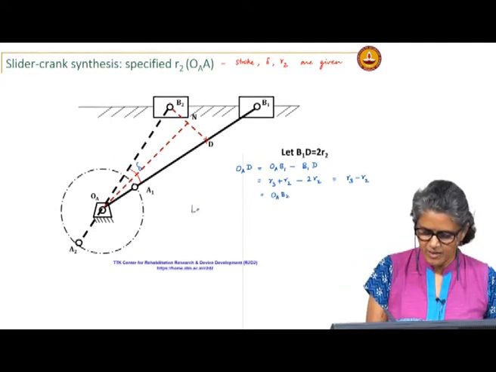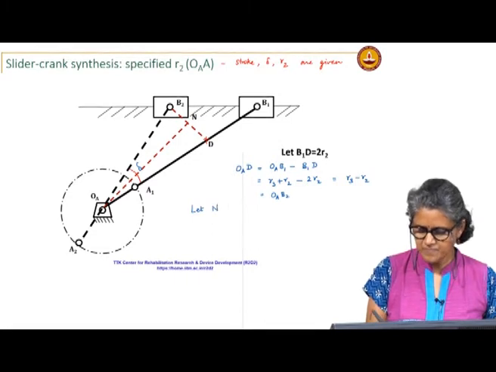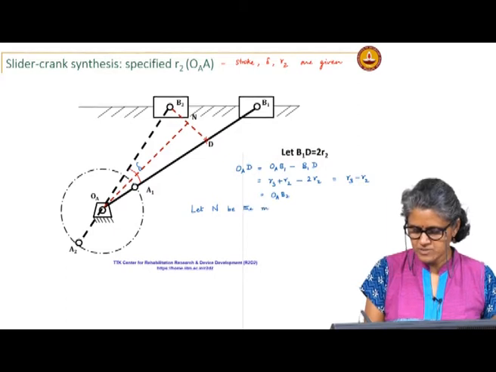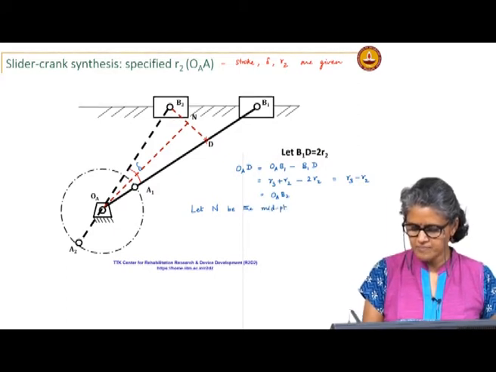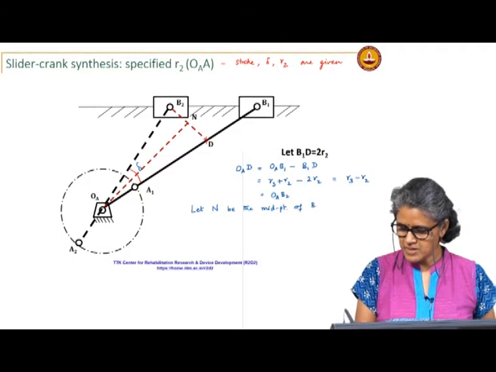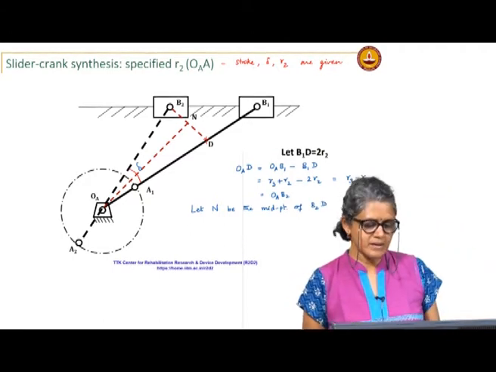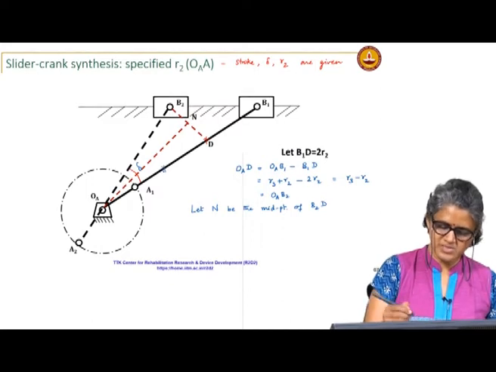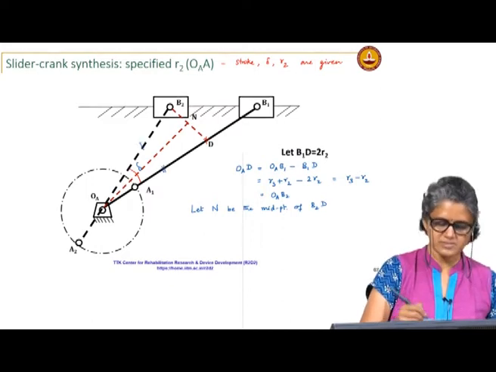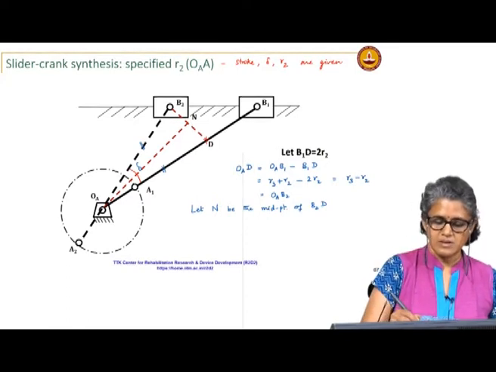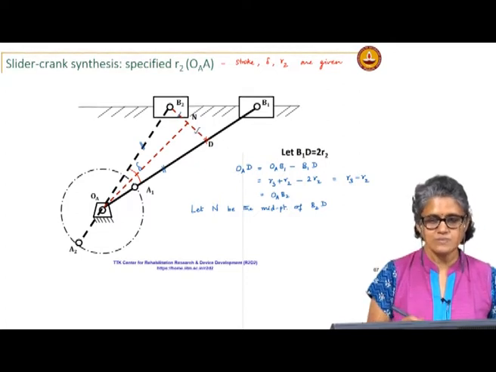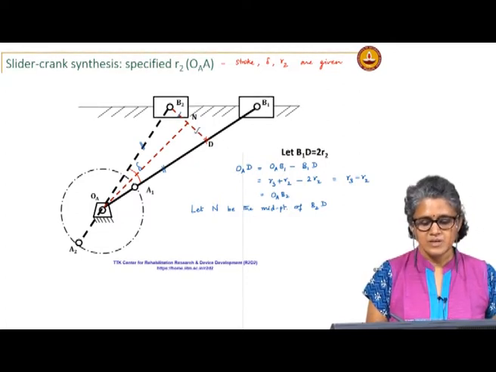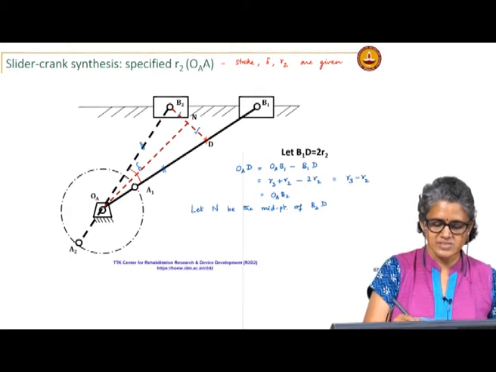I take a point n such that it is the midpoint of B2D. Then I have already shown this is equal to this. I have taken n as the midpoint, so B2n equals nD, and this side is common.